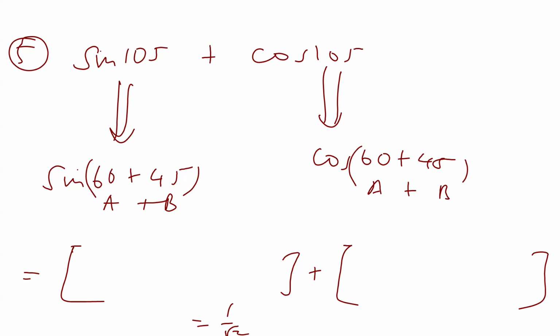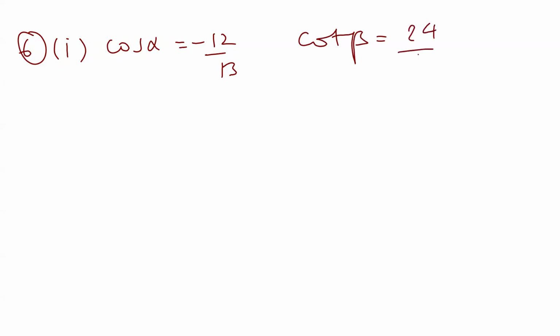Question number 6, sub question 1. Cos alpha is equal to minus 12 by 13. Cot beta is equal to 24 by 7. Alpha is in quadrant number 2 and beta is in quadrant number 3.